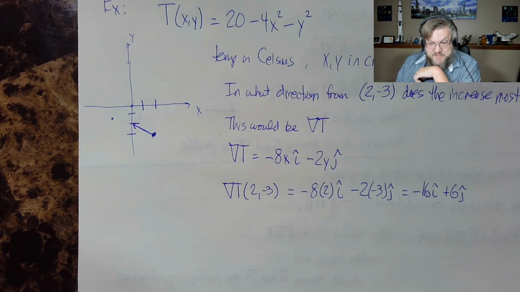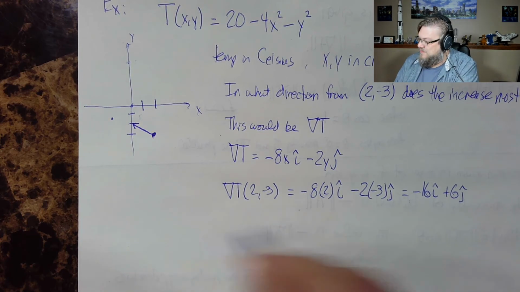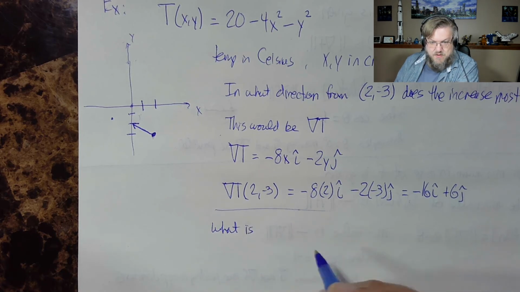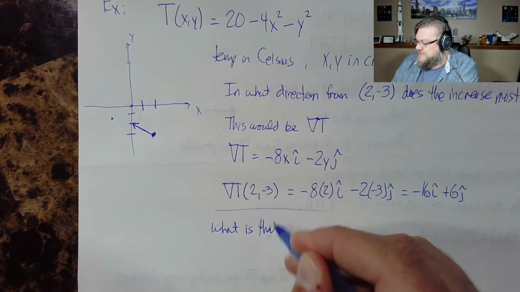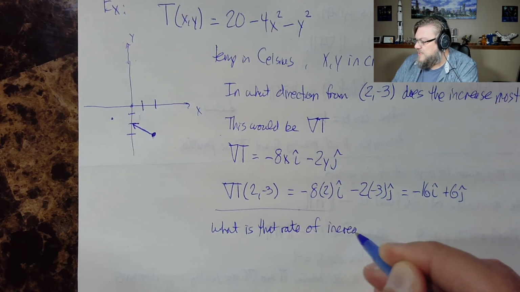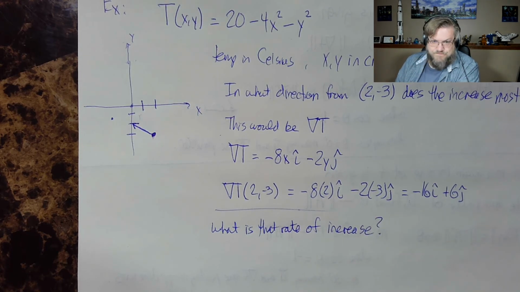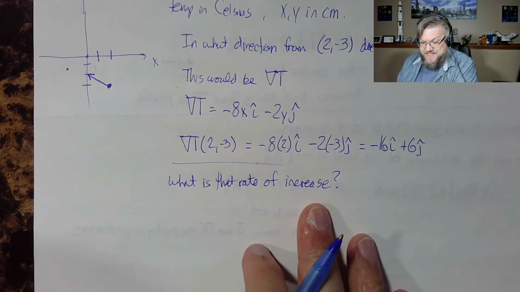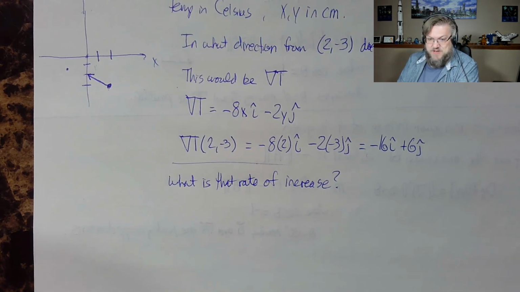Now, what is that rate of temperature increase in that direction? So now, what is that rate of increase? Well, again, this is really just asking from our property that we did on the previous page.